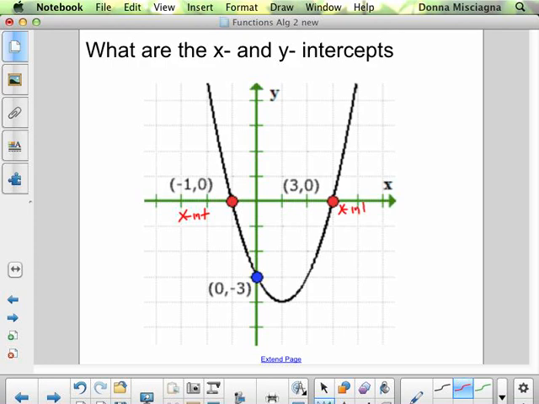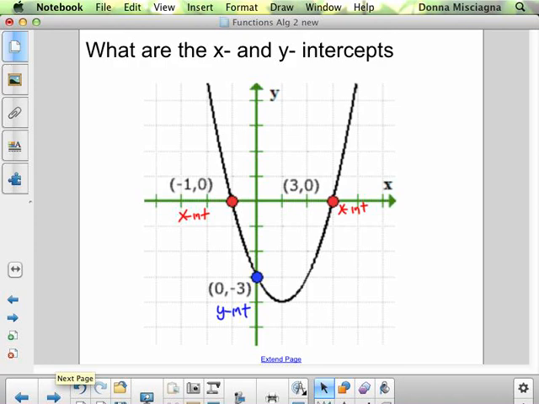It is where the graph crosses the x-axis. And over here, we have a y-intercept at (0, -3), where the graph crosses the y-axis. There are the x-intercepts and the y-intercept.